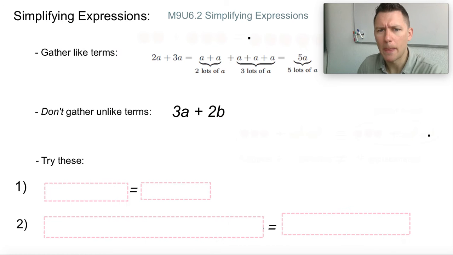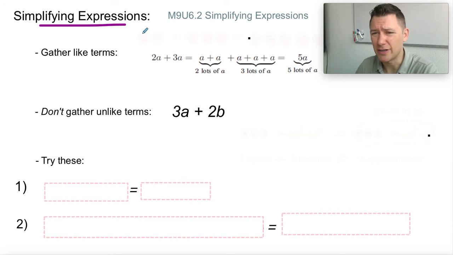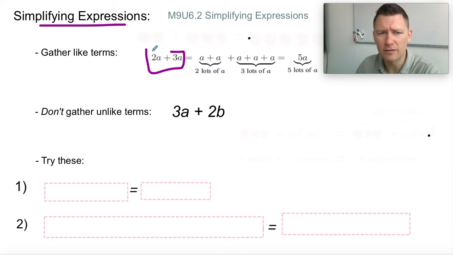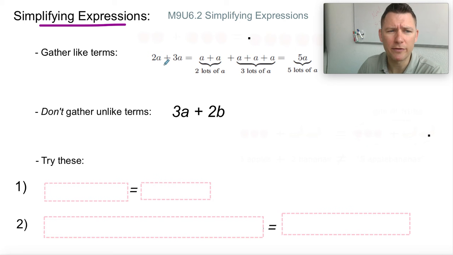Moving on. Okay, so to simplify expressions, an expression is like an equation. It just doesn't have an equals sign. So this is an expression, and we're just putting equal signs here to show the progress of our simplification. In simplifying expressions, we're really trying to gather like terms.